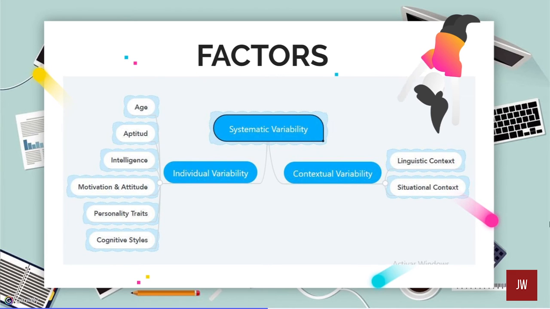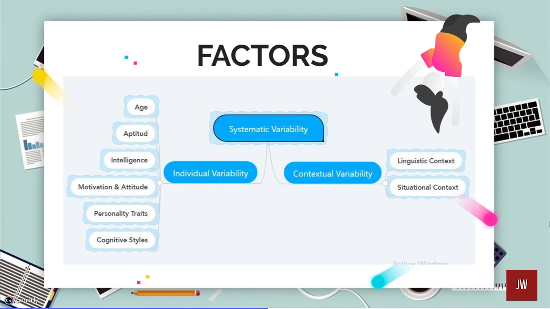Now, the other type of systematic variability is the contextual variability, and it can be determined by the situational context and the linguistic context. As regards the linguistic context, it can result in interlanguage variability when two different linguistic contexts which require the same target language structure elicit from the learners two different structures.